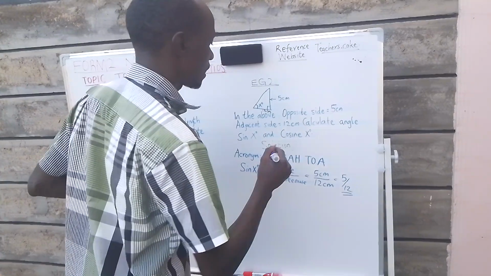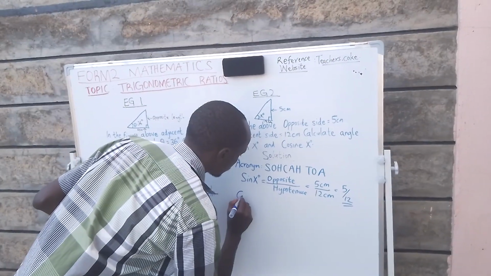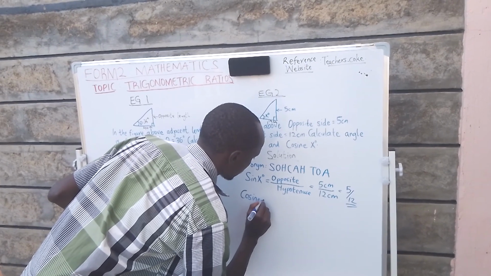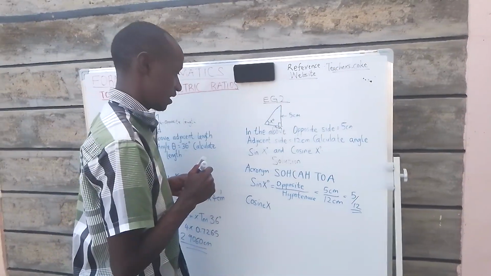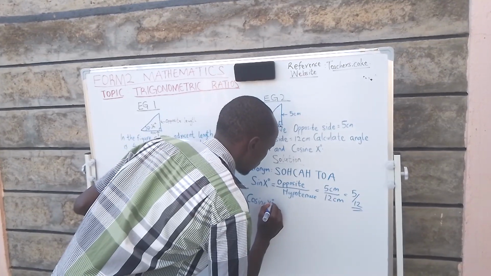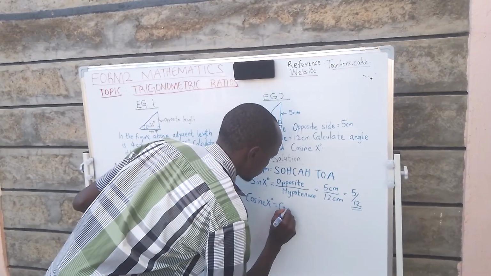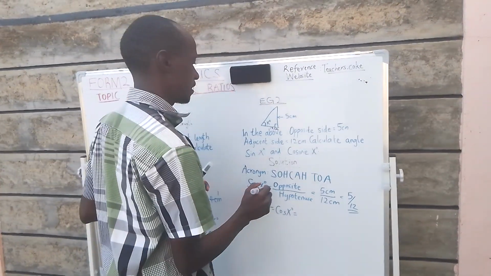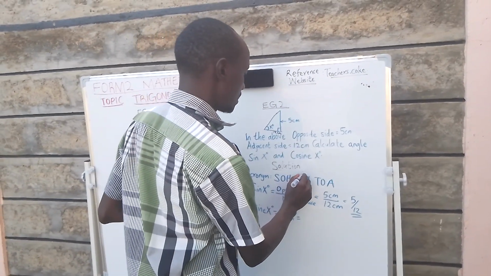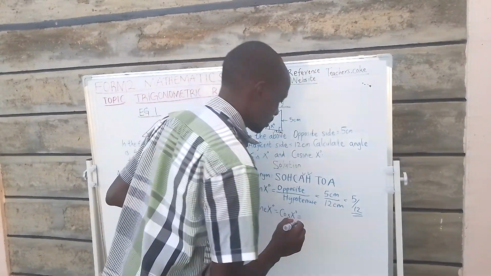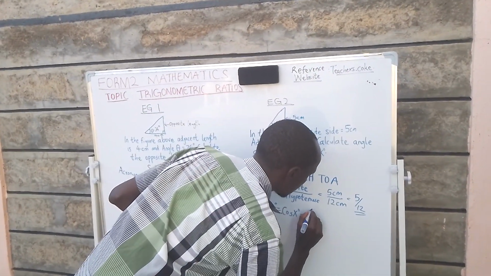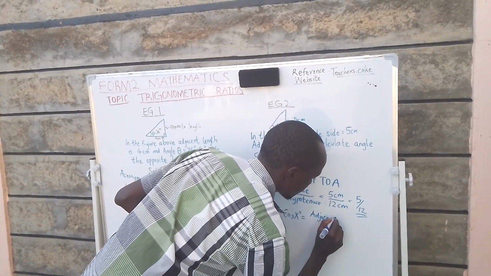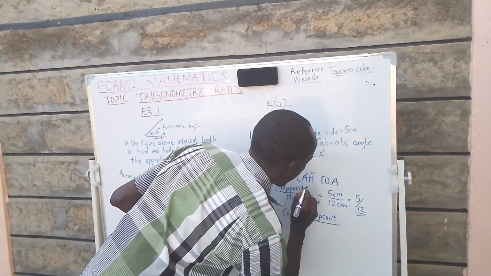So when we look at the cosine of x, which is abbreviated as cos x, using our acronym, cos x is the adjacent over the hypotenuse side.